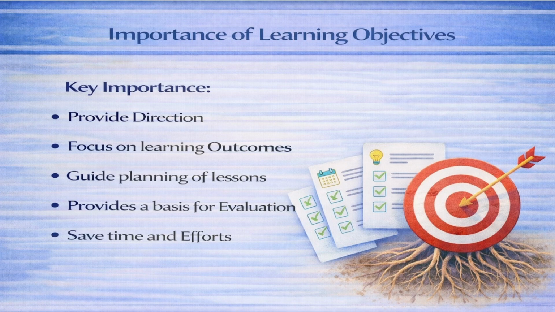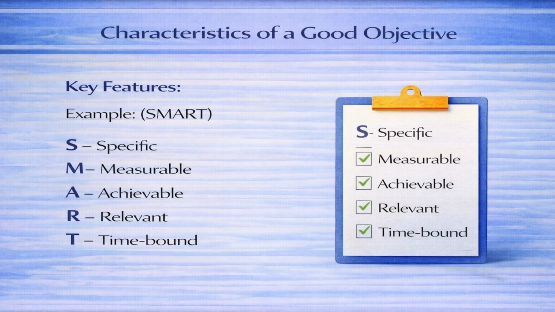The last importance of learning objective is save time and efforts. This means objectives allow teachers to focus only on important content, avoiding unnecessary material, and likewise teaching becomes efficient and time gets saved. I hope you have understood the importance of learning objectives. Next comes the characteristics of a good objective.